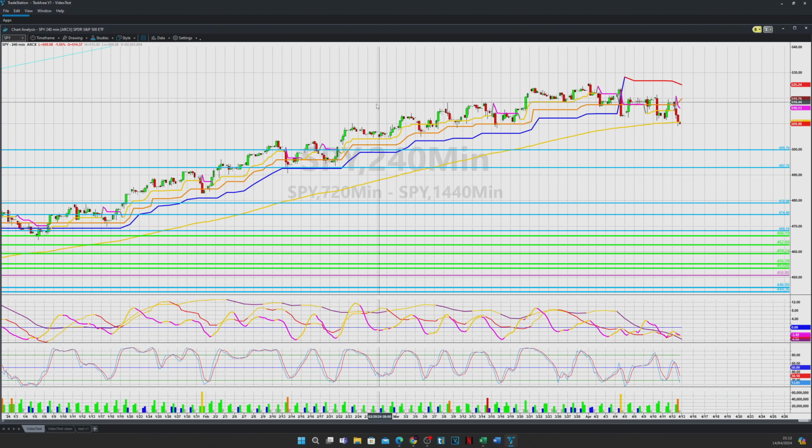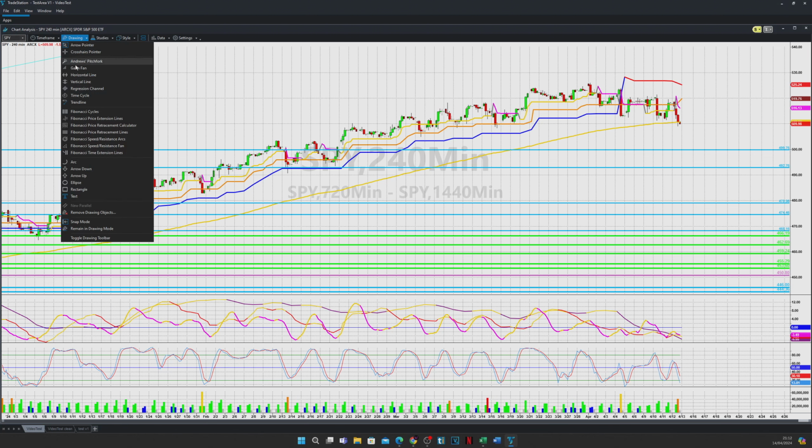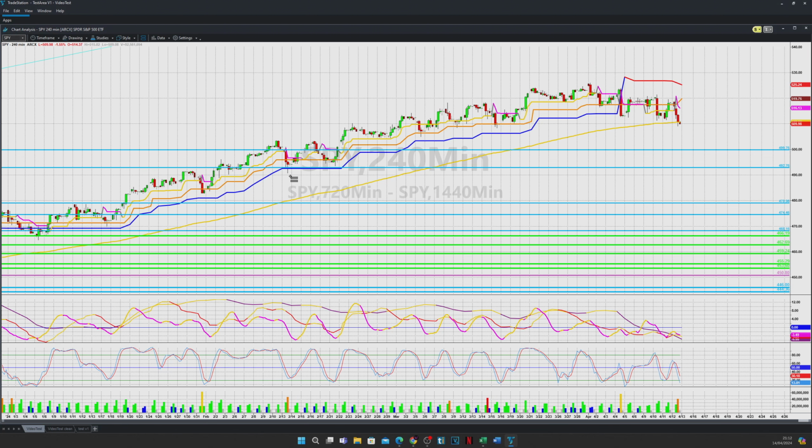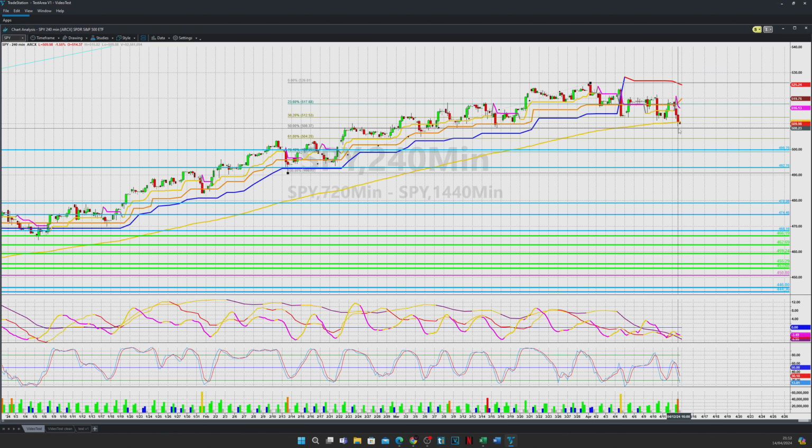So let's delete it, and now we're going to try to find where it is. Let's see if it touched the 50%, 508. It could be a good attempt to take in all the short sellers and then fake it and move for the upside. Just an idea.